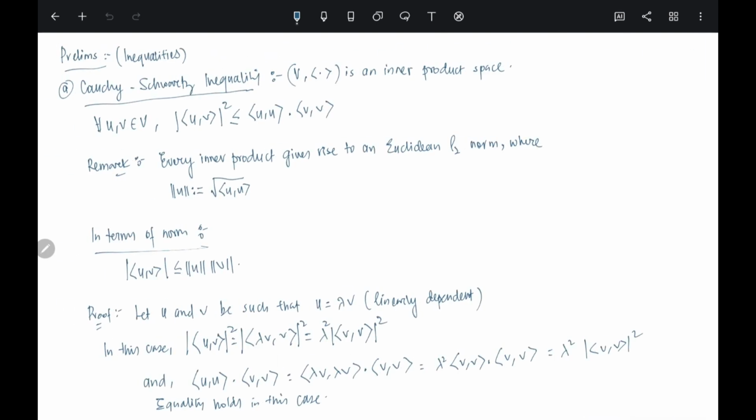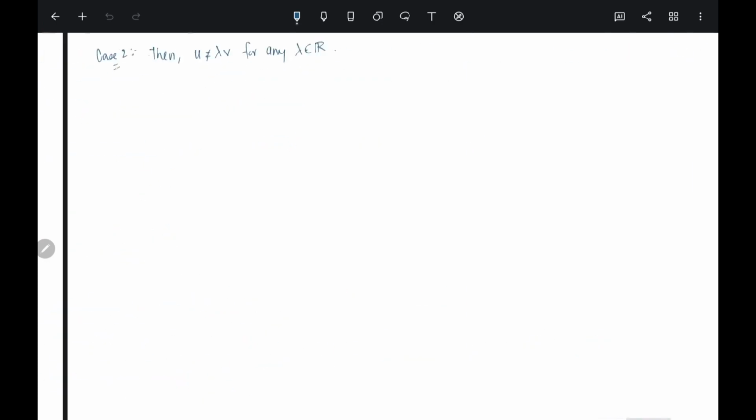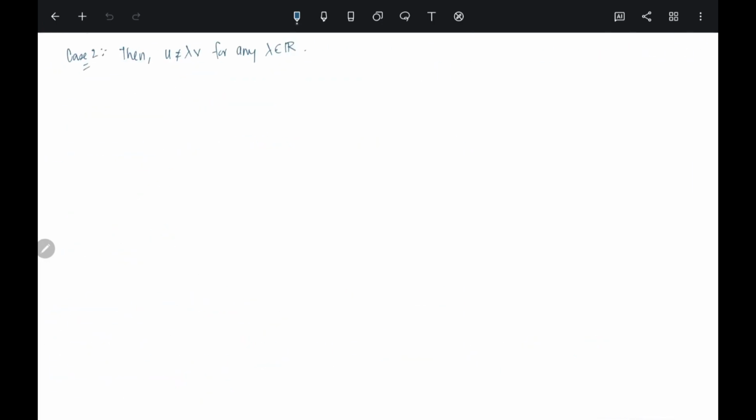Of course, if one of them is 0, then it doesn't matter, I mean, the equality holds. So basically we are assuming U and V are non-zero, right? So then U is not equal to lambda times V. So in this case, look at this inner product, U minus lambda V with U minus lambda V, the inner product of this particular vector.